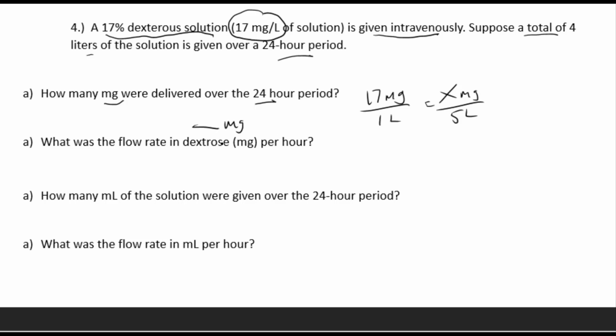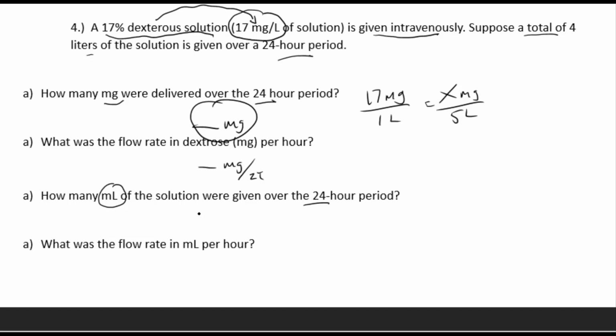And the flow rate in milligrams per hour. Dextrose is the medicine. Well, if you know how many milligrams in 24 hours, it would just be, right? How many milliliters of the solution were given in 24 hours?